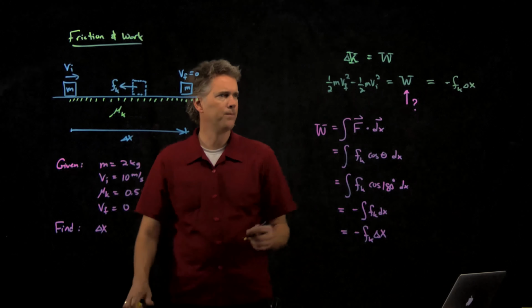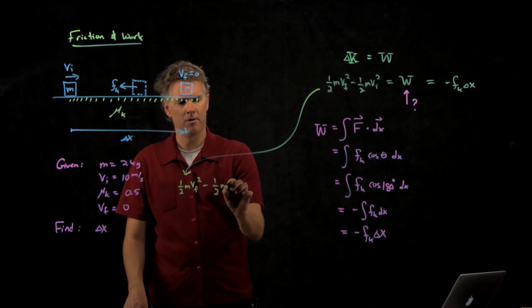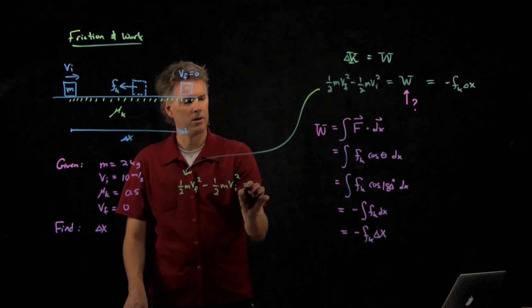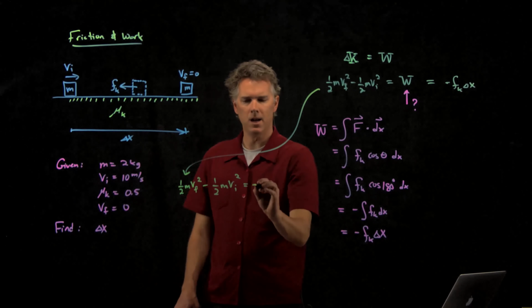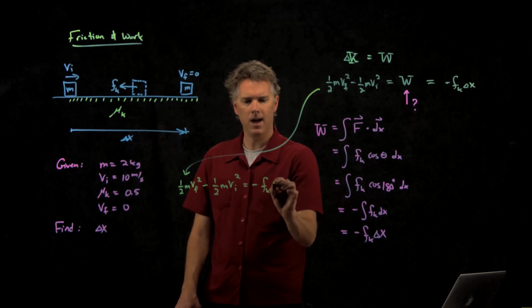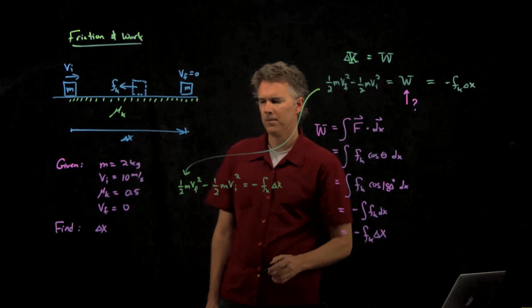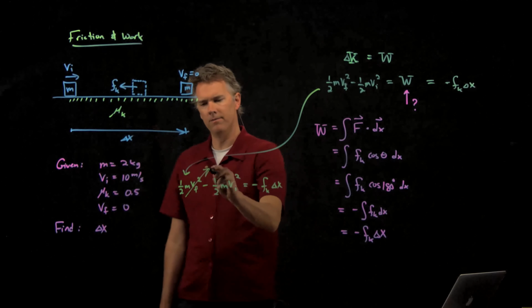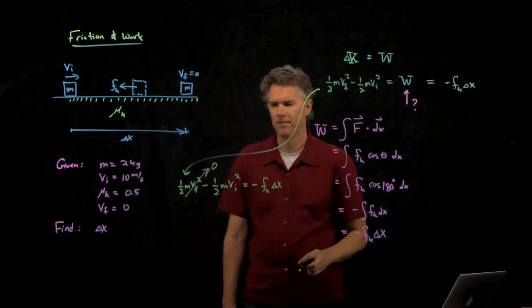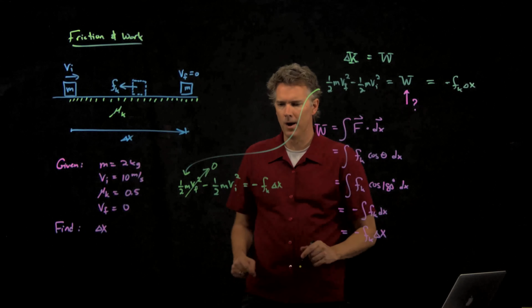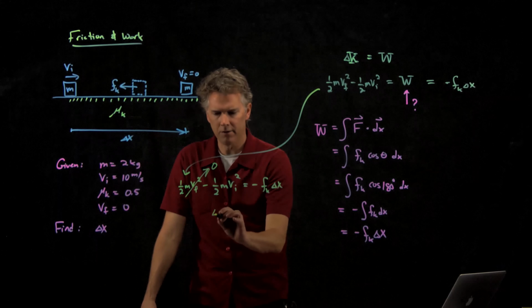All right, so this equation becomes the following. 1/2 m Vf squared minus 1/2 m Vi squared equals negative F sub k delta x. But Vf is 0. We can get rid of that one. The negative signs go away, and I can quickly solve this for delta x.